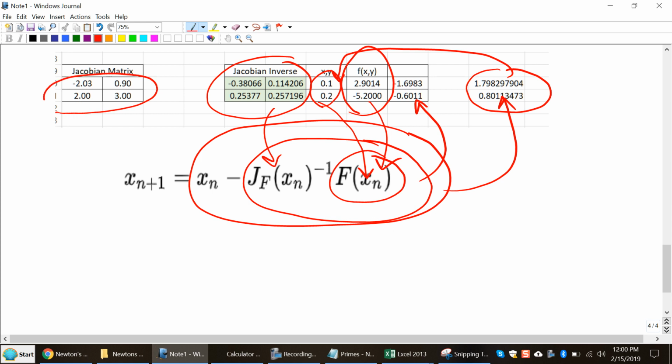The Jacobian matrix changes, which changes the inverse, which when multiplied out changes, which when you plug into the formula changes, and that's how the iterative cycle works in 2 dimensions.